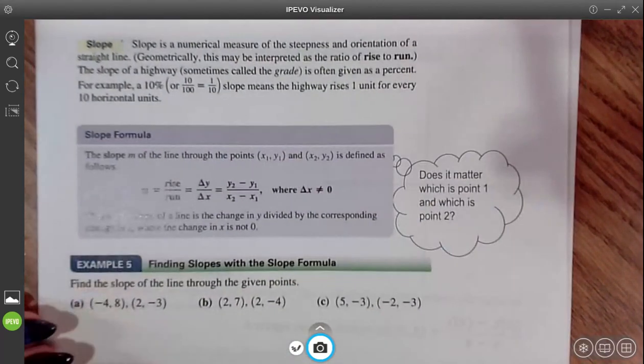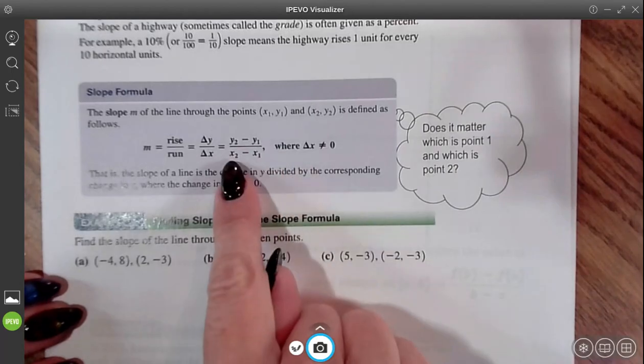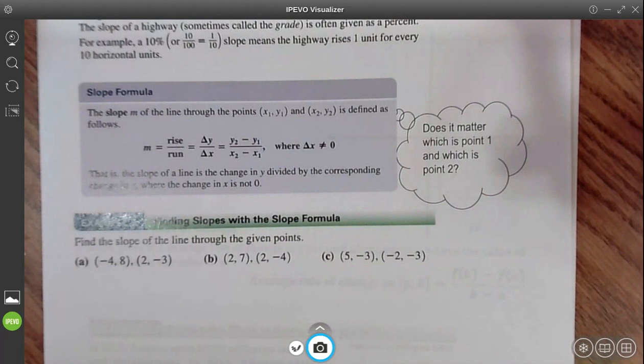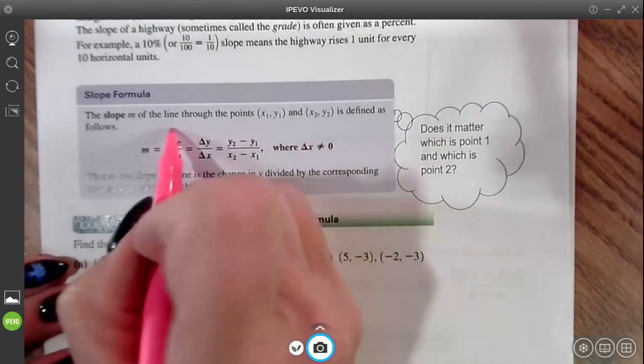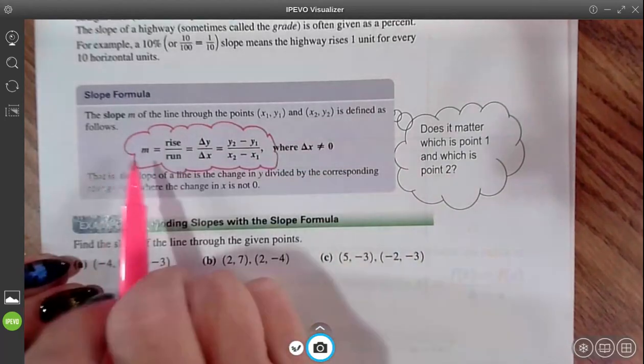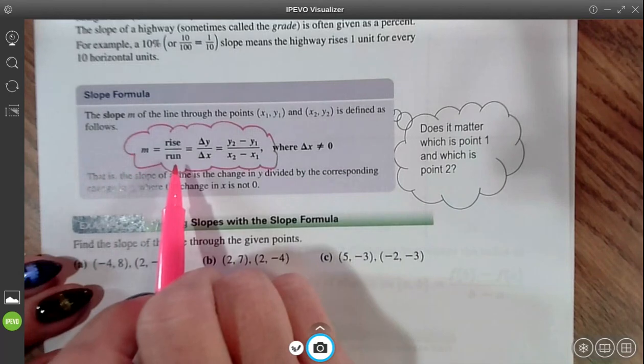When we figure out the slope, the traditional formula is to do y2 minus y1 over x2 minus x1. And so that's probably what you have seen for slope. So let's bubble this out. M is the letter we use for slope. I say the words rise over run.